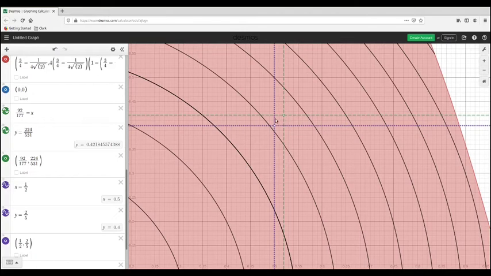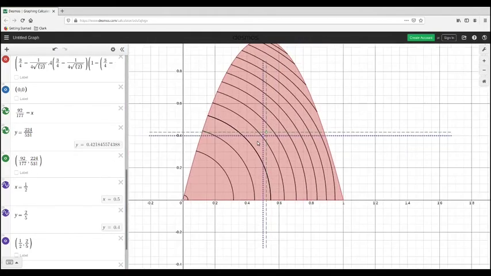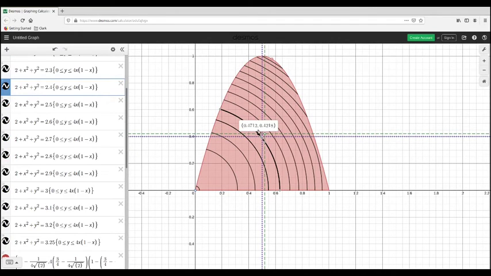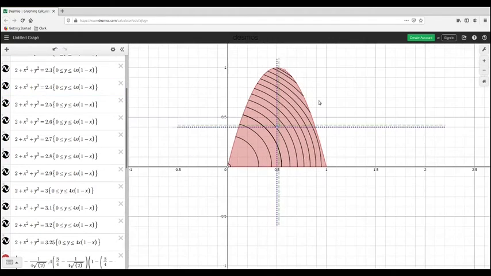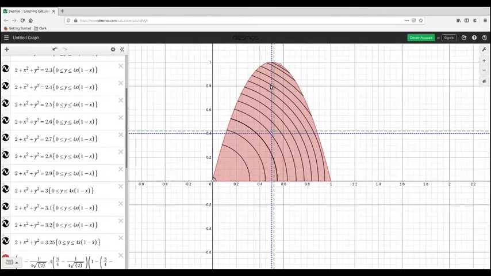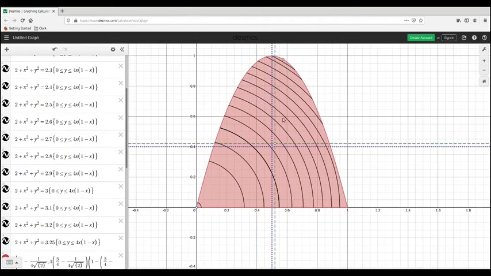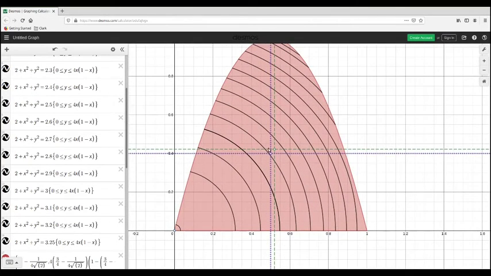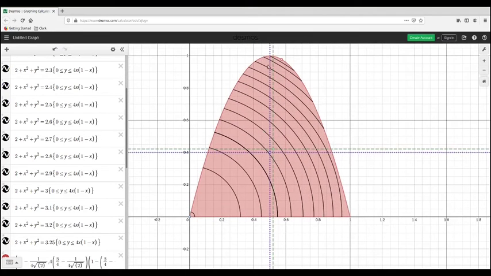So the center of mass is the average location of the distribution of mass, and the centroid is just the geometric center of the object. And you can clearly see here that if you look at this region, the centroid is exactly that. It's the average in x, about halfway in x.